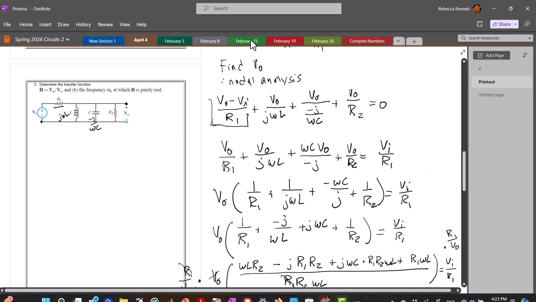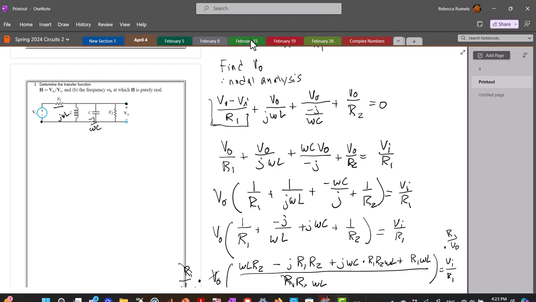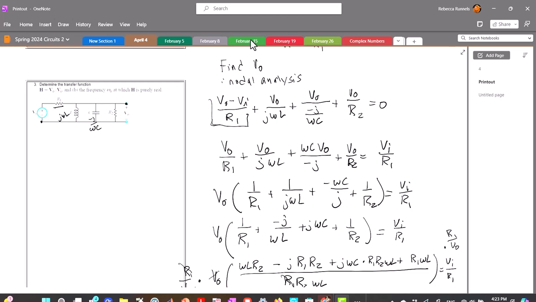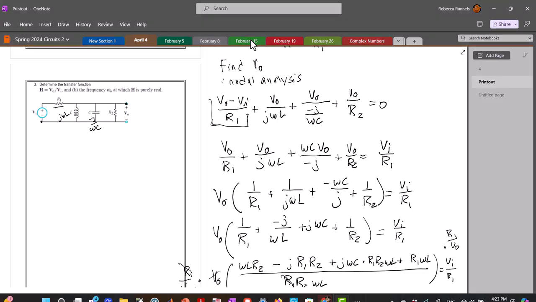Now, my goal with this was to be able to factor out a Vo, because I want to get Vo over Vi. So I factored out a Vo from all of these, and I'm left with these terms here.